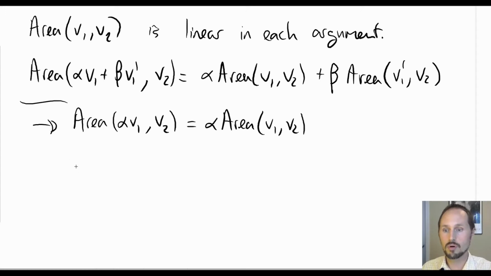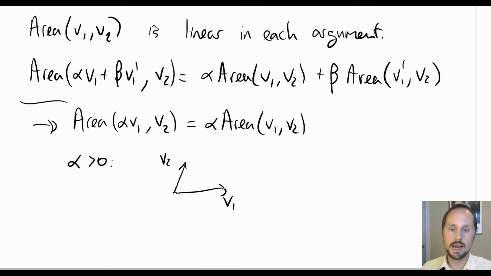For alpha positive, here's a vector v1, here's a vector v2, and we're scaling v1 by some factor alpha. Let's think about what the area is. The area of this parallelogram I can get by taking the base and multiplying it by the height. That's the height h, and that's the base. So base times height is the area of my parallelogram.